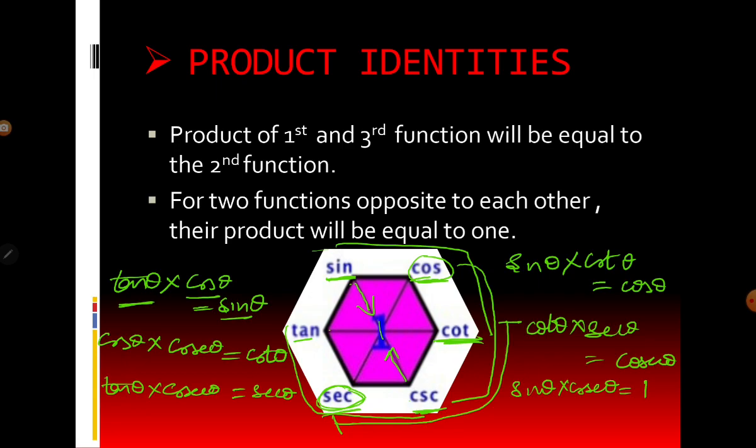Now this opposite function and this opposite function, that is tan theta into cotangent theta, I'll get 1. Now this one and this one, that is secant theta into cos theta, that is 1. So these are our product identities. We can find different product identities using this pattern: first term into third term will get the middle term, or multiplying opposite functions will get 1.